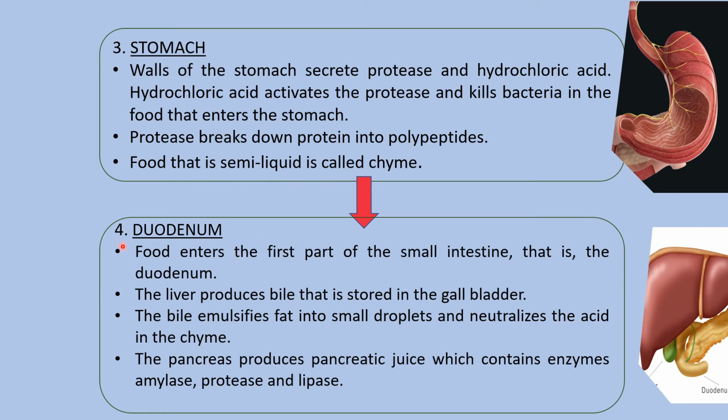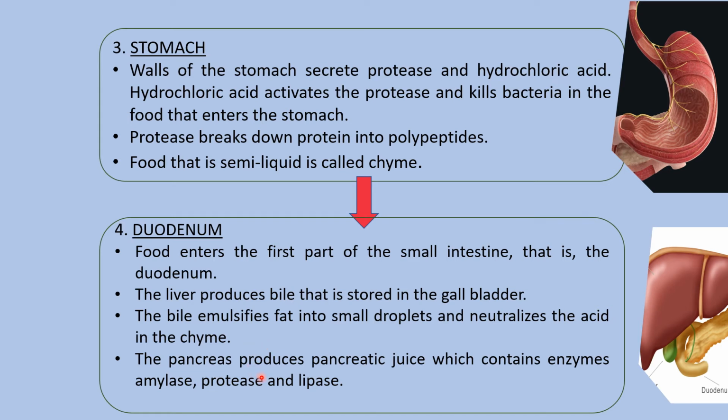In the duodenum, food enters the first part of the small intestine. The liver produces bile that is stored in the gallbladder. The bile emulsifies fats into small droplets and neutralizes the acid in the chyme.